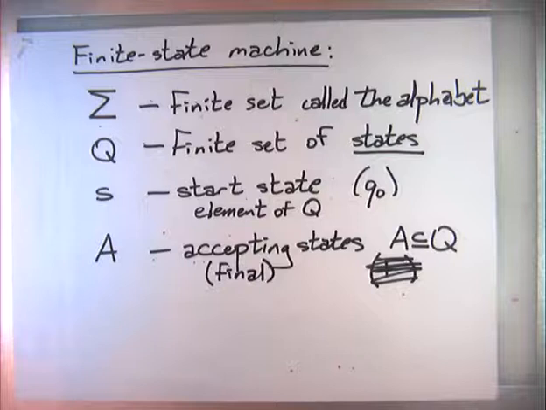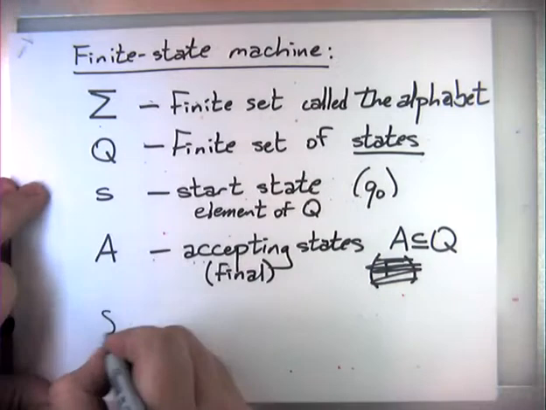And even in the initial paper that described these finite state machines, the authors said there's a set A called final states. And it's especially weird because neither of the authors speak a language in which the word final starts with an A. So we're just going to call them A for accepting. If you want to call them final states, great, but then call the set F.